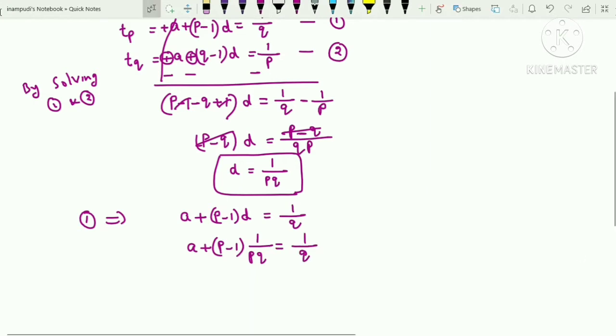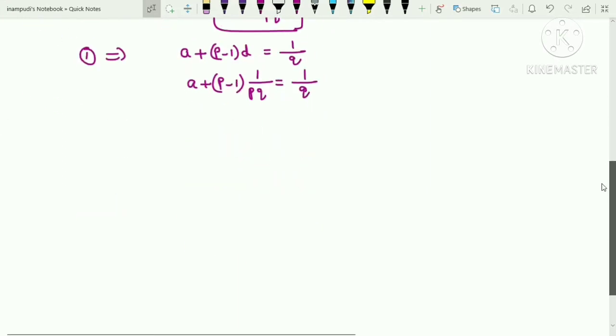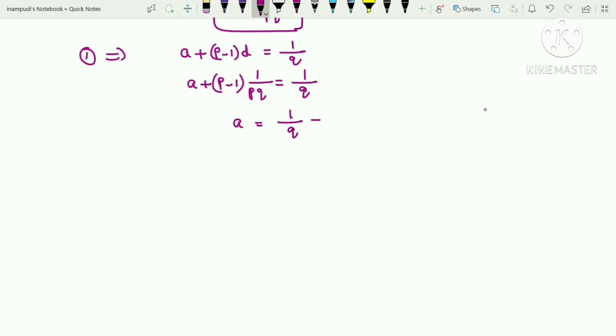And then we can write a equal to 1 by q minus (p minus 1) into 1 by pq.